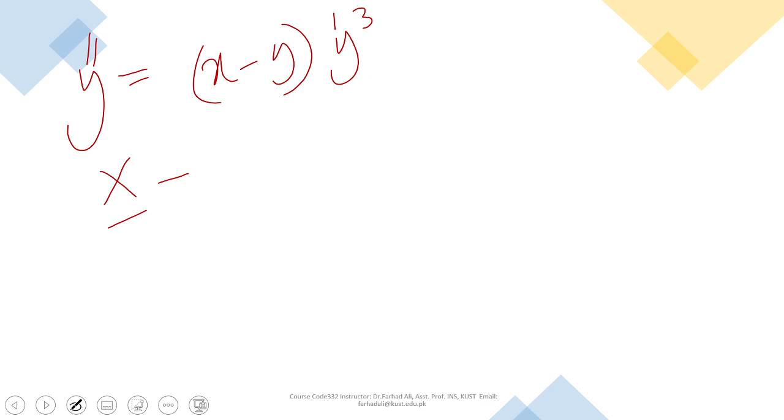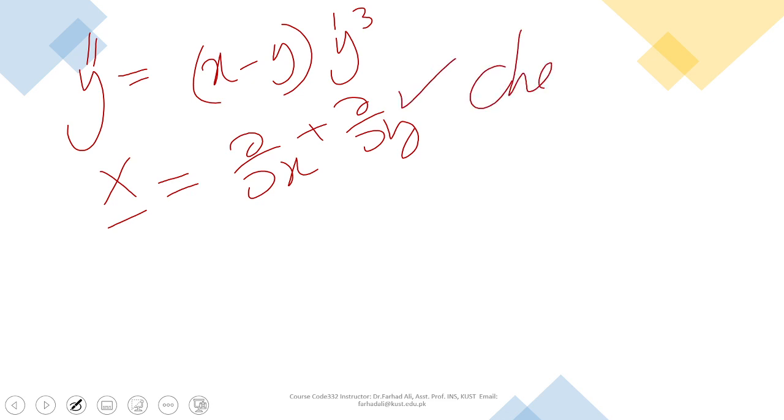Let's take another one. Let's take y double dash equal to x minus y and y dash cube. This one admits the symmetry generator partial by partial x plus partial by partial y. This admits this symmetry, you can check it.